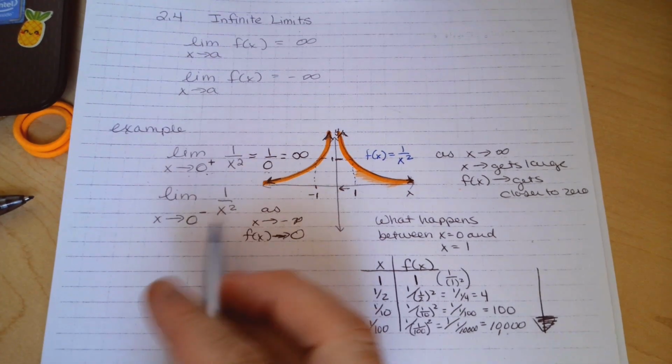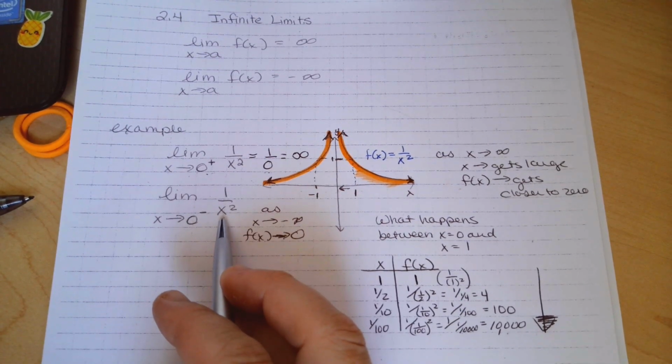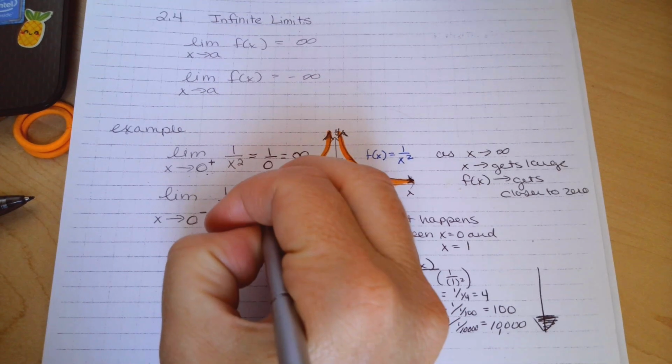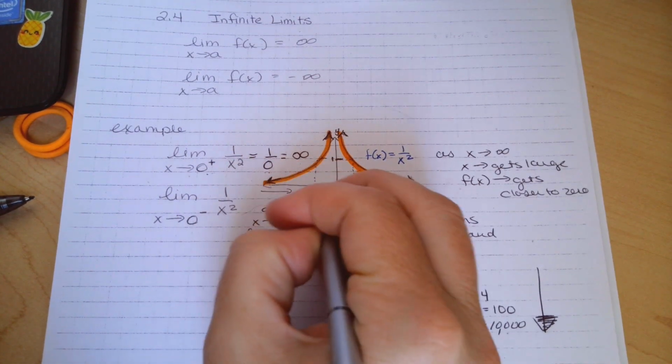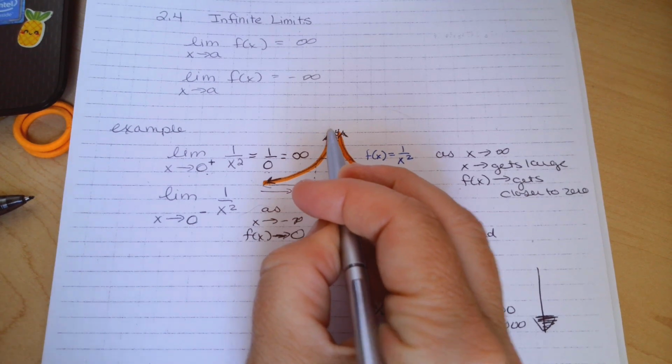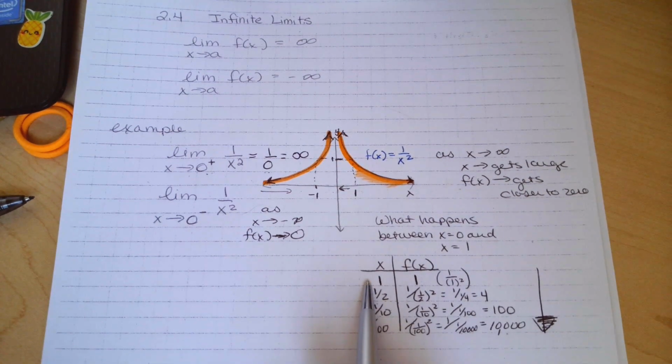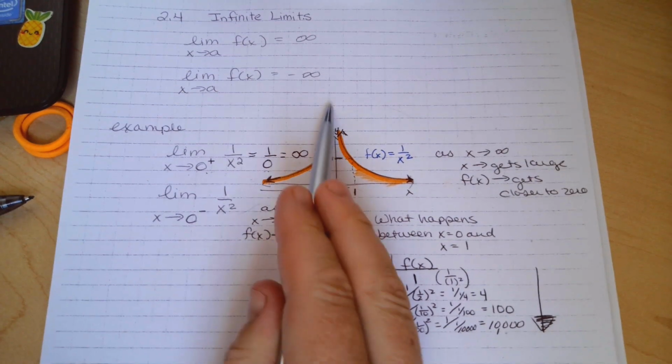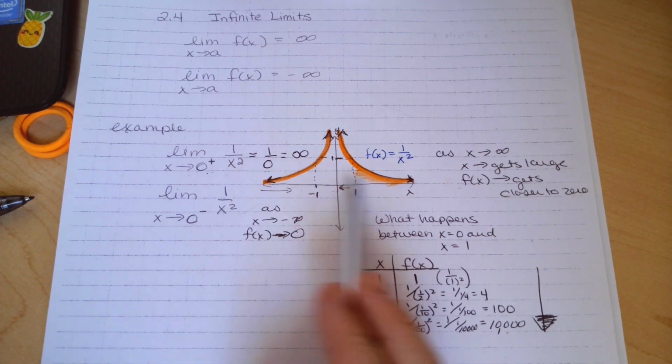Okay, let's go ahead. And if we look at the left-hand side, we have the same thing. As we're approaching 0 from the left here, we see that we're getting higher and higher and higher. If I were to plug in -1, I would get the same answer here, 1. -1/2, because I would square it here, you'd get 4. So it's symmetric, we know, around the y-axis.